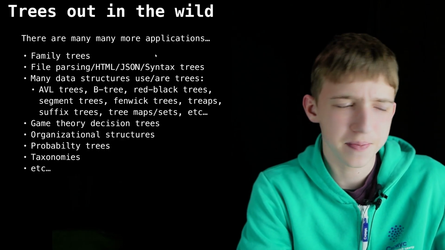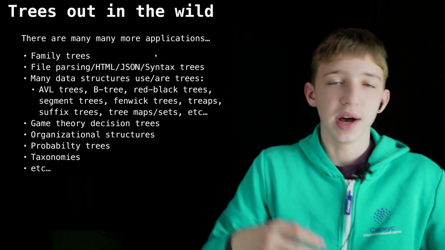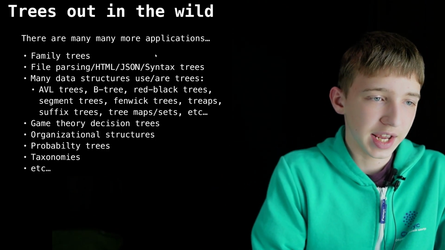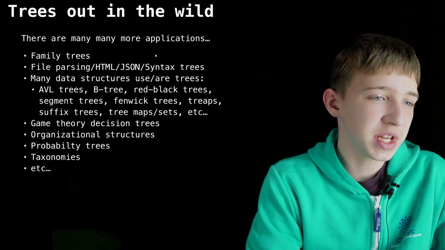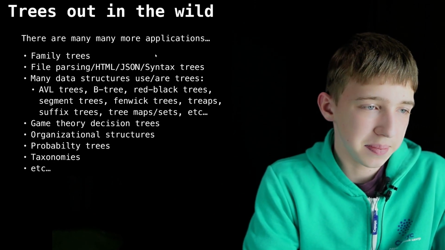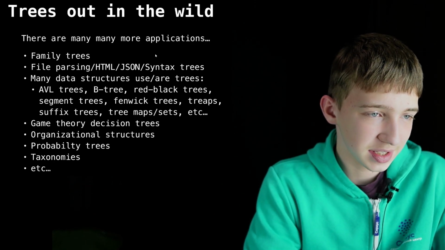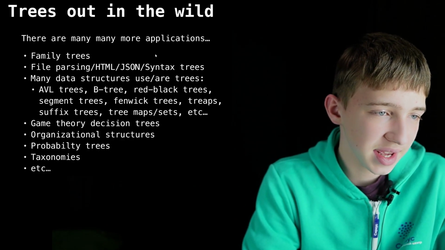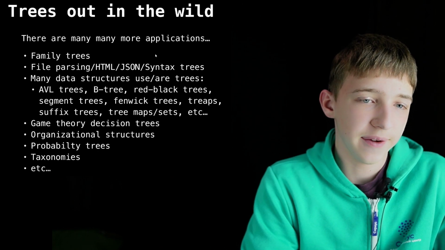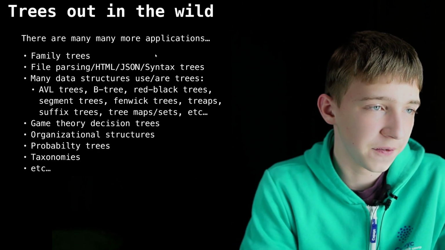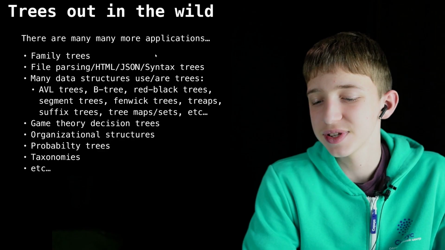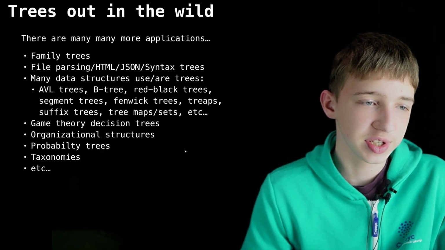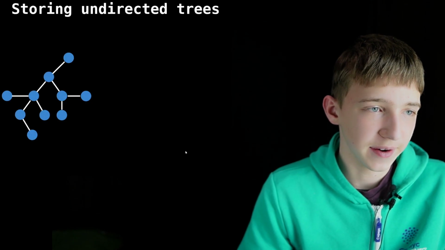And also in computer science and programming, there are such applications as data structures, that is AVL trees, B trees, red-black trees, and many more, segment trees, Fenwick trees, whatever. There is a countless amount of these representations in the real world of these trees, and this is why we consider them pretty useful.